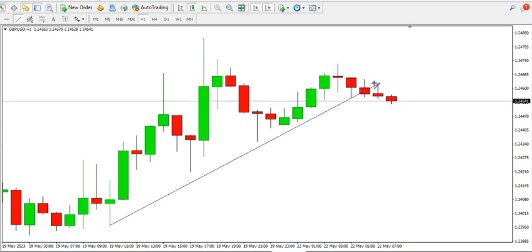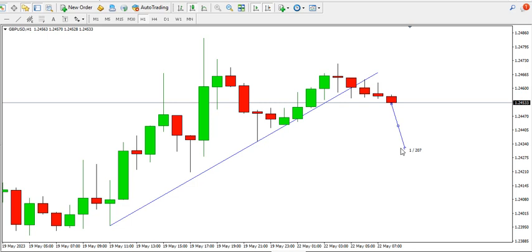on the 1 hour time frame, we can see this ascending trend line, and price has already broken the ascending trend line. And we can see 1, 2, 3, 4 bearish candles forming. Unless we see a bullish candle engulfing all the 4, price might possibly go down.